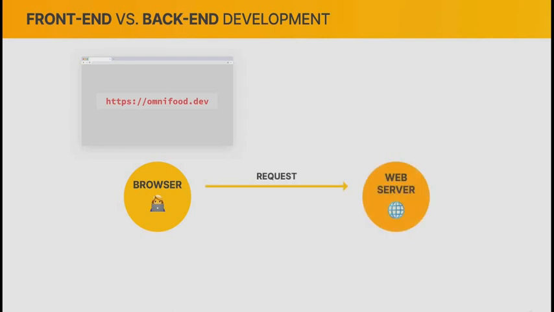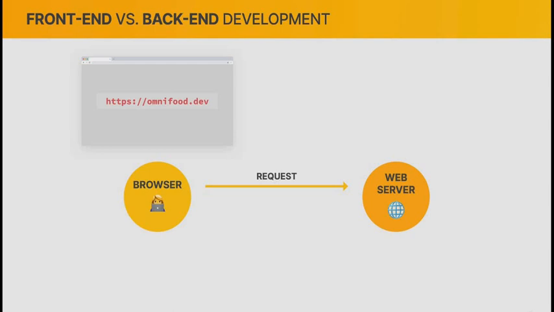But anyway, let's say that we're trying to access a web page in our browser at omnifoot.dev. And by the way, this is actually the website that we're going to develop throughout this course. Now, what happens as we try to access this page is that our browser will send a request to the server where this page is hosted on the internet.